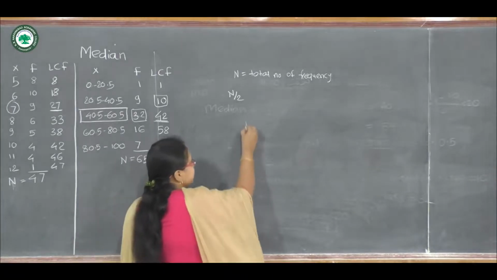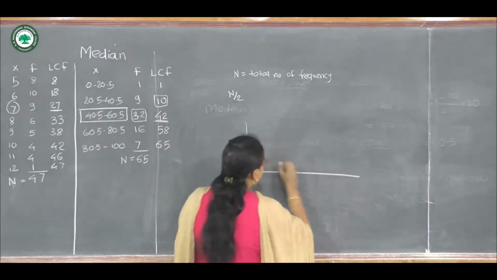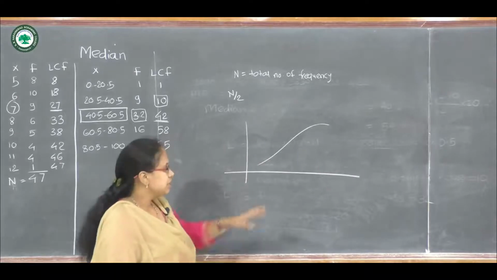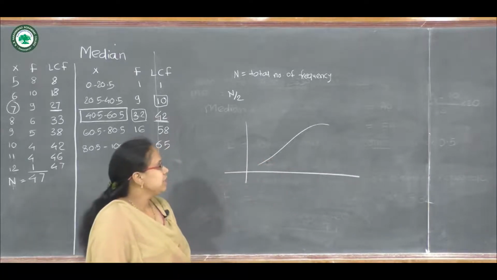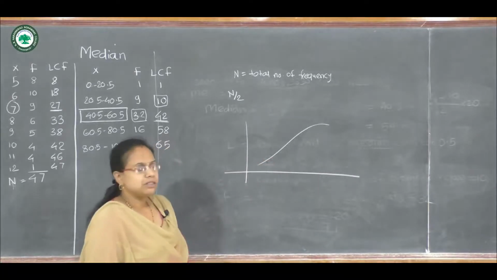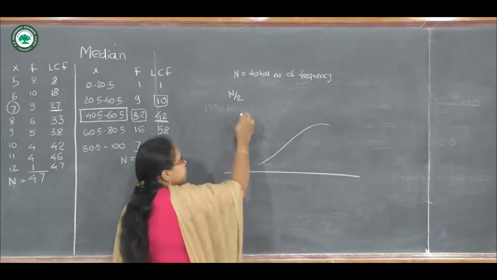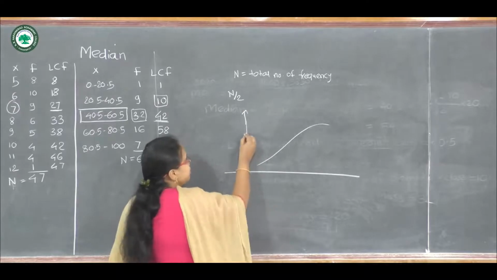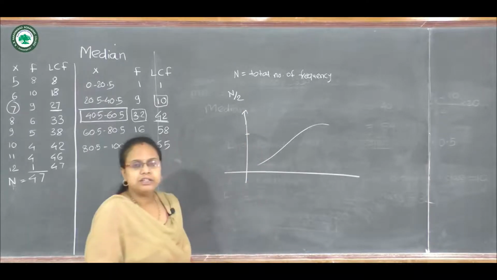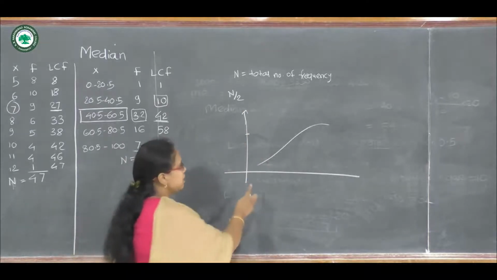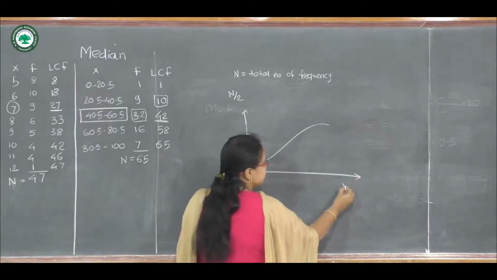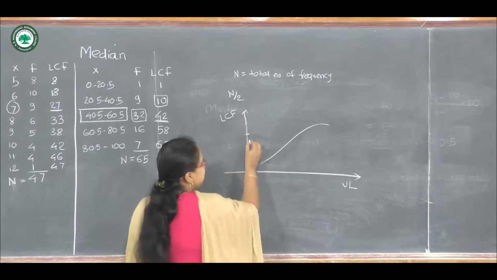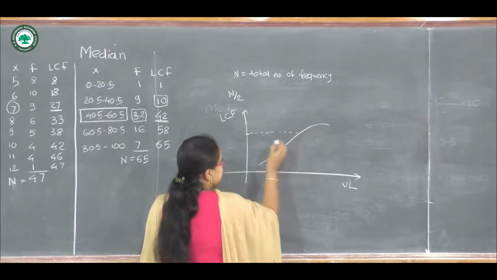That is, we have a graph like this. So this is the less than cumulative frequency type graph. This is an example. Then we will obtain the number n upon 2. Locate n upon 2 on the y-axis and draw a line parallel to the x-axis.